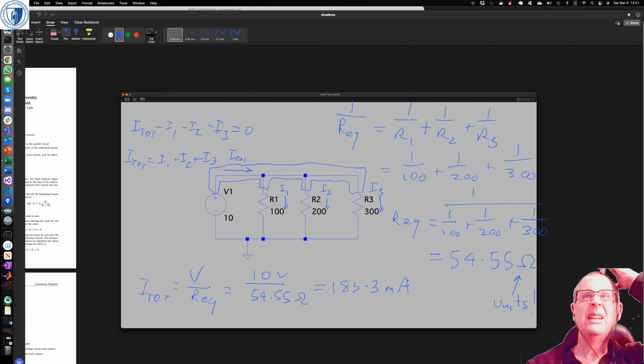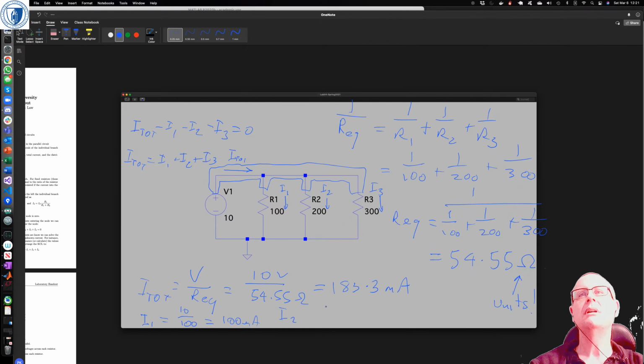And then we've got to think about what everything else is, right? So I1 is also equal to V on R, so that's 10 on 100, which is equal to 100 milliamps.